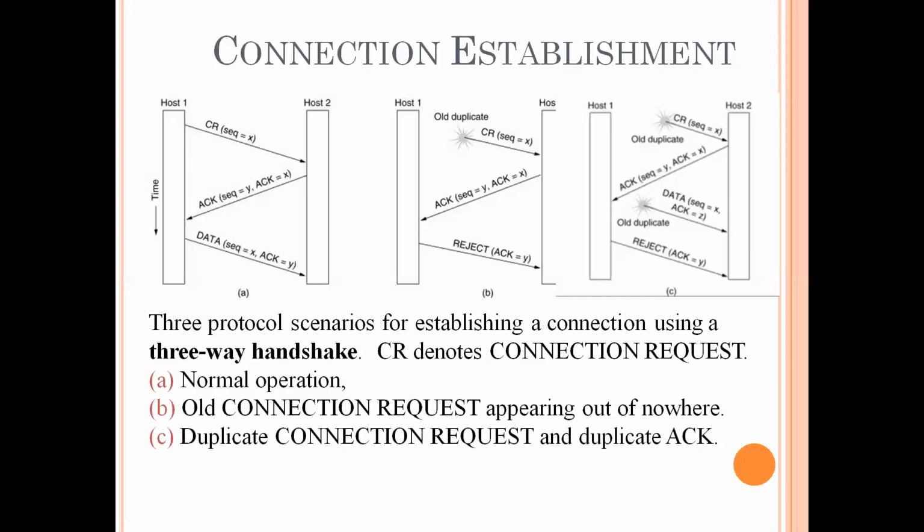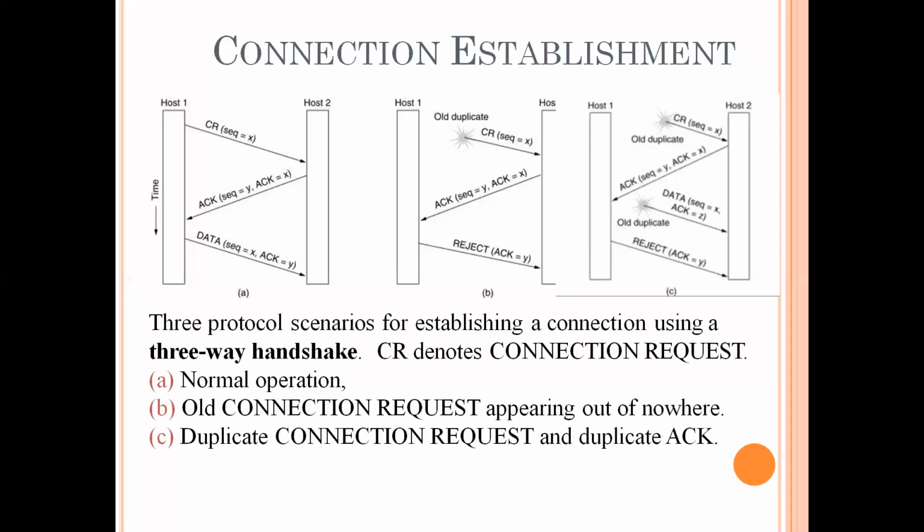Similarly, the next figure shows a duplicate connection request and a duplicate acknowledgement. In this also, host 1 already sent the connection request to host 2. Here, host 2 is receiving a duplicate connection request which was lost previously.